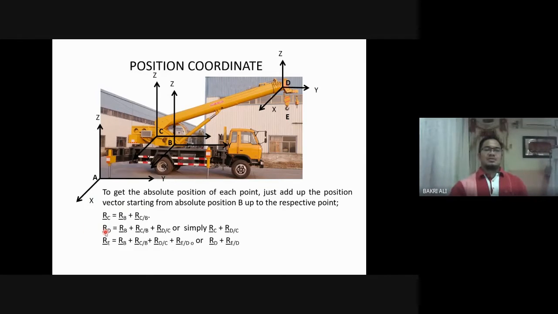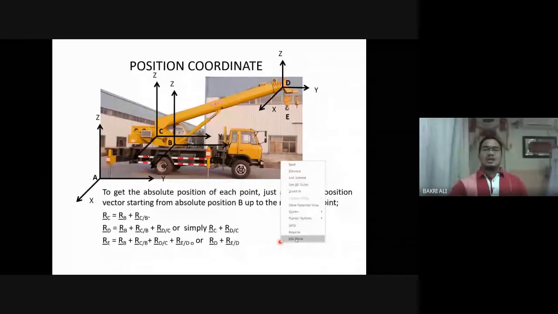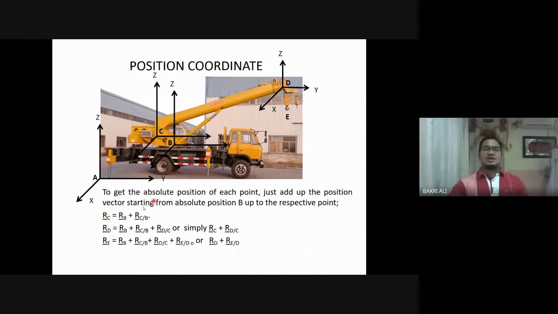To find RD, we just sum up RB, RC stroke B plus RD stroke C, or simply take RC, because RC is already the absolute position of C, plus RD stroke C. And for RE we add up all until RE stroke D, or simply take RD plus RE stroke D. That is how we can find the position vector for a spatial rigid body problem.